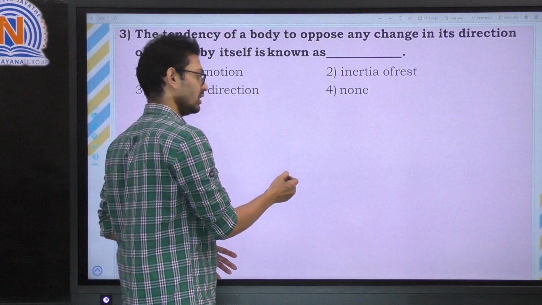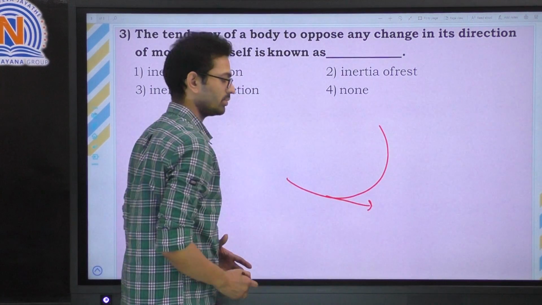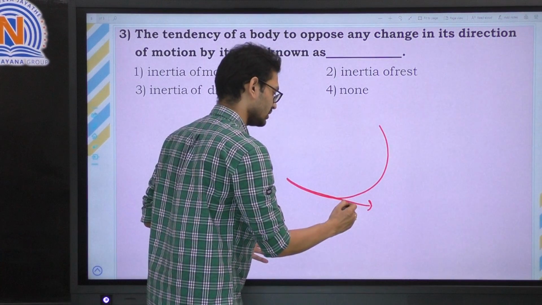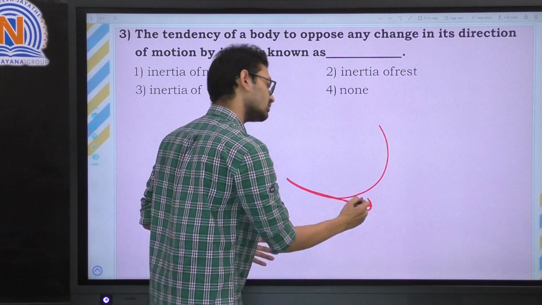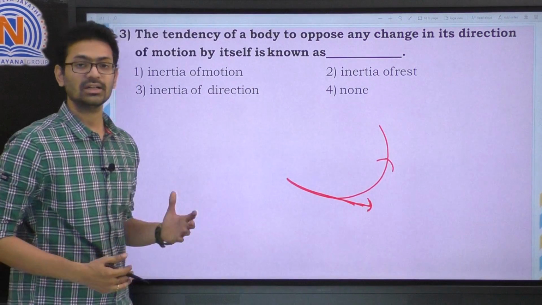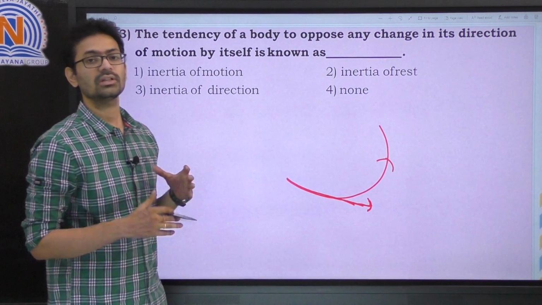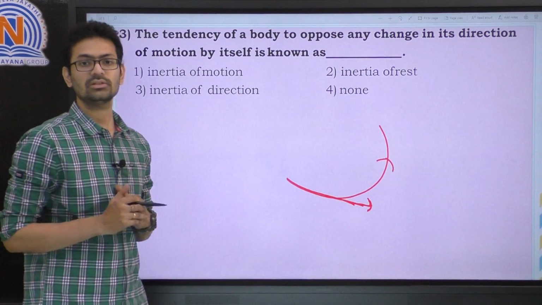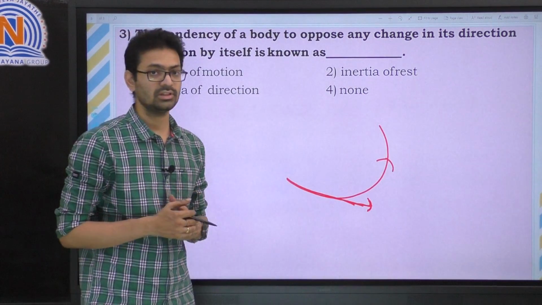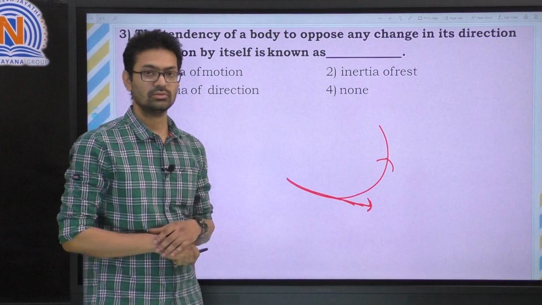Like for example, first it used to travel in this direction, now it is not interested in turning into that direction and is staying in that direction only. Then it is called inertia of direction, which is option number 3. Hope this is also helpful for you.